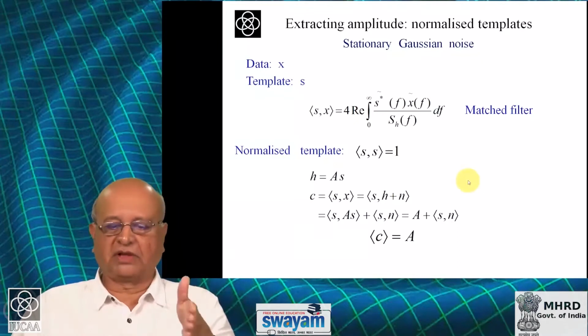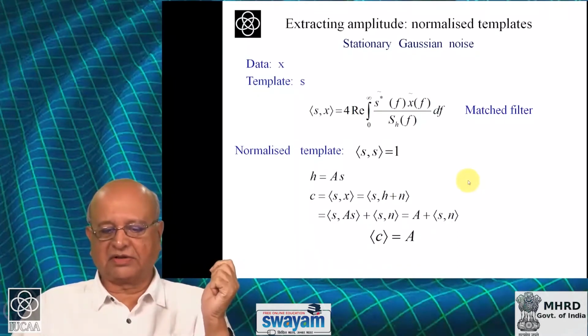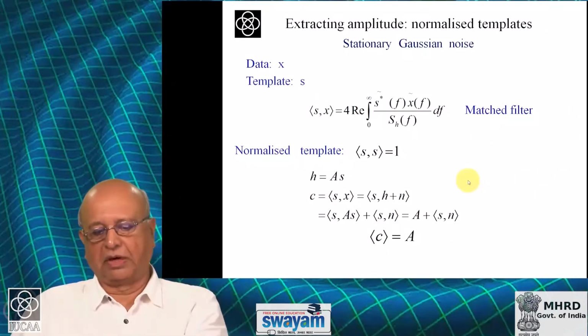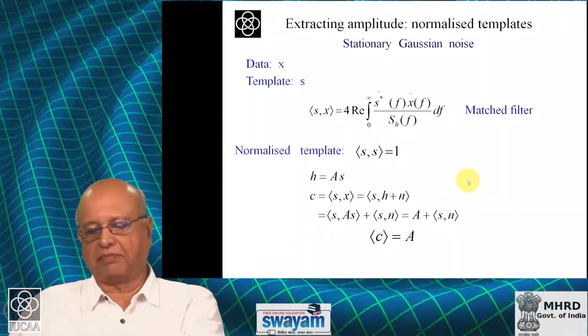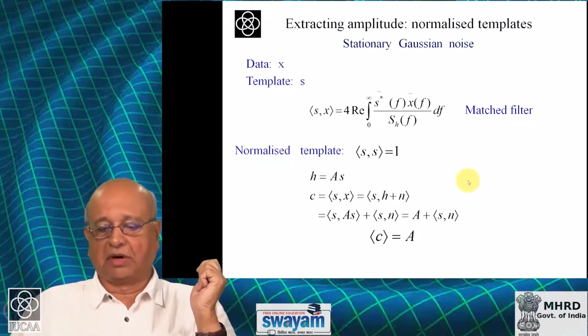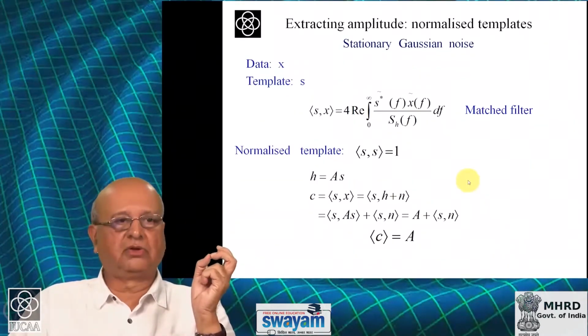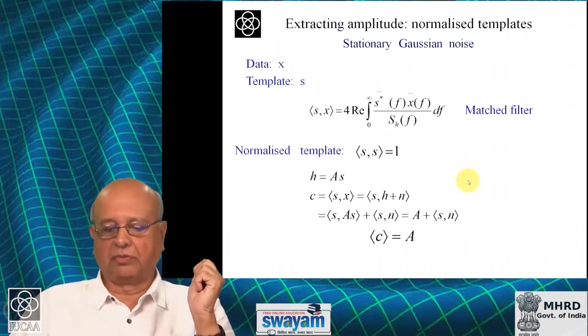C is the scalar product of S with x, but S with x is S comma h plus n, where h is the signal plus the noise. Now, if you divide this into S comma A S plus S comma n, you get A plus S comma n. But the average value of S comma n is basically 0, because you have got the mean noise 0, and you can actually prove that.